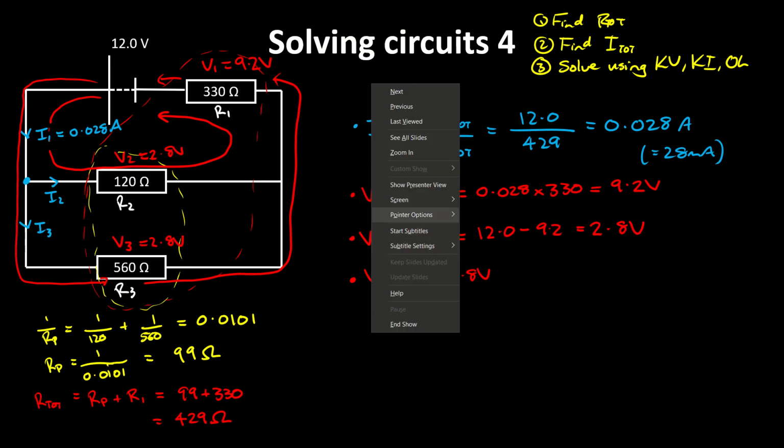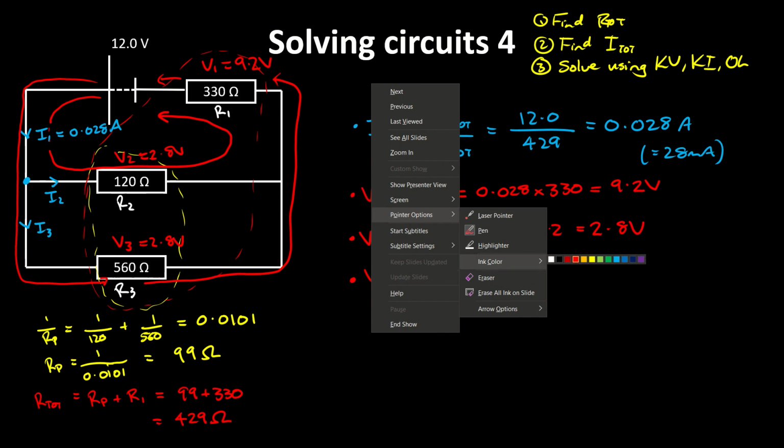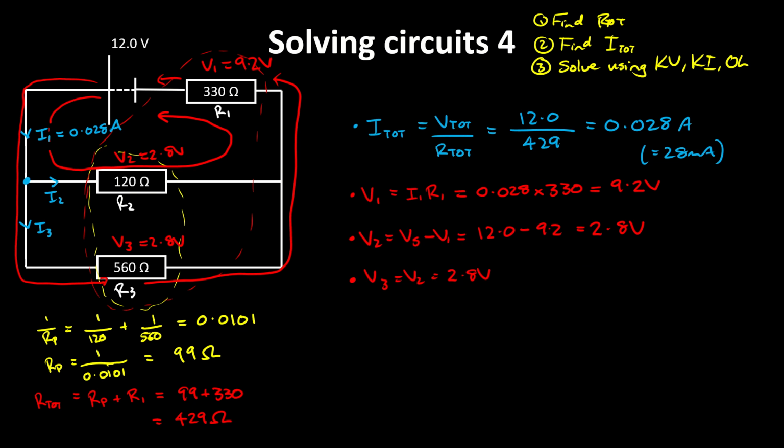We're now left with two currents to find. If we look at I2, for this resistor we know the resistance and we know the voltage, so we can use Ohm's law. I2 is V2 over R2.